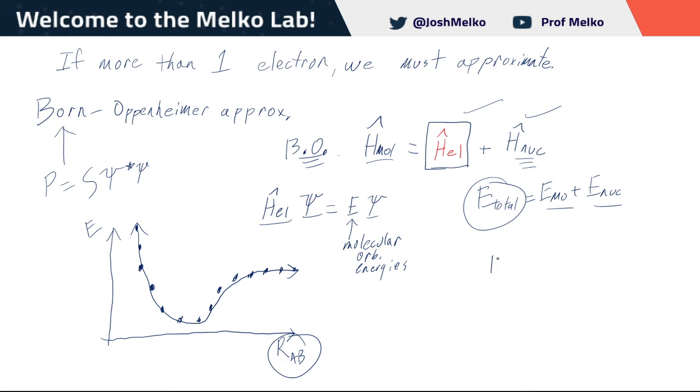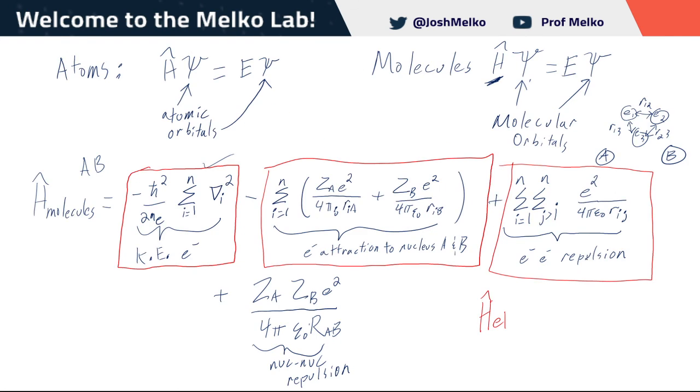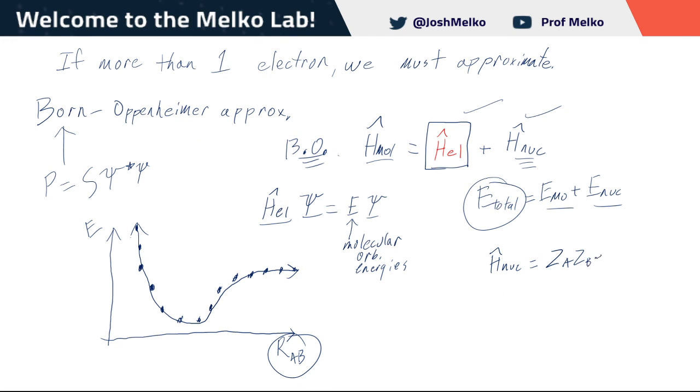Okay, the nuclear term, remember, is the last term we talked about on the previous slide. ZA, ZB, e squared over 4 pi epsilon naught, the distance between A and B. Okay, but this is constant, right? For this one particular distance.